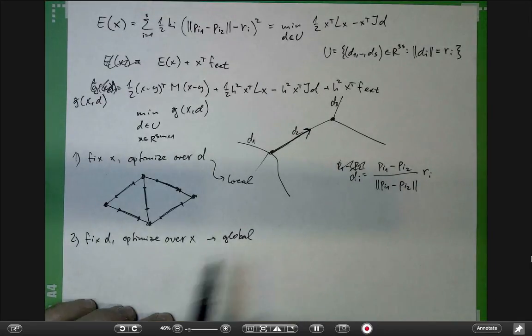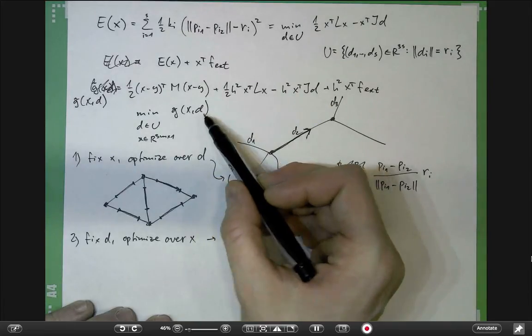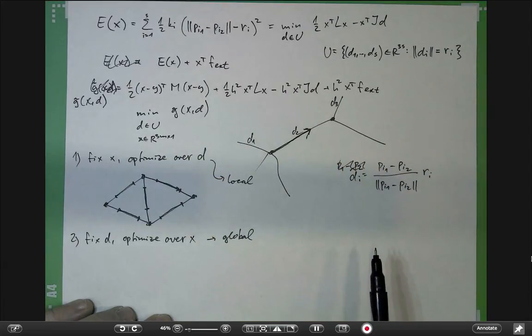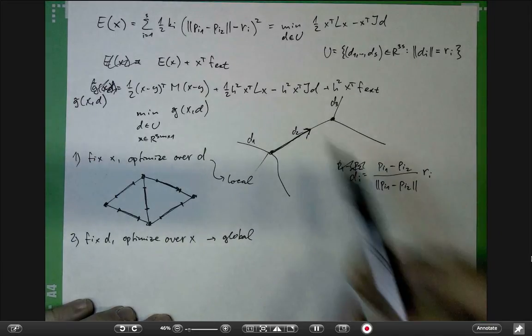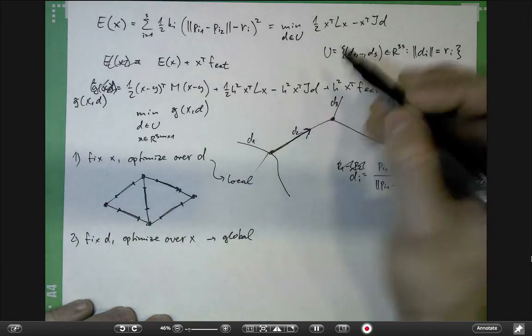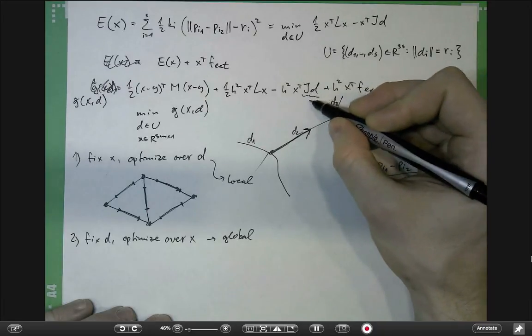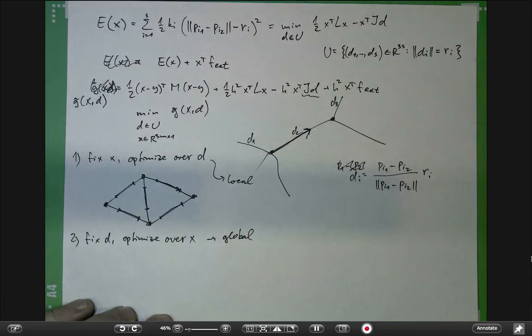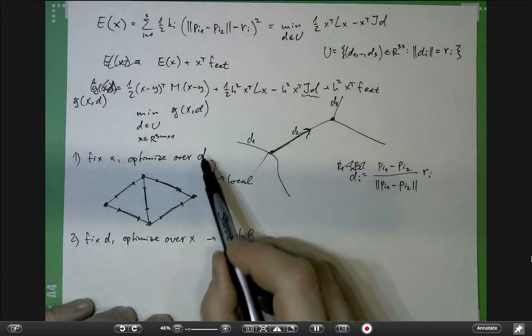The global step means, after I have fixed the d, what happens? This becomes constant. And I'm left with solving a convex quadratic optimization problem, unconstrained, right? The constraints are only on d.